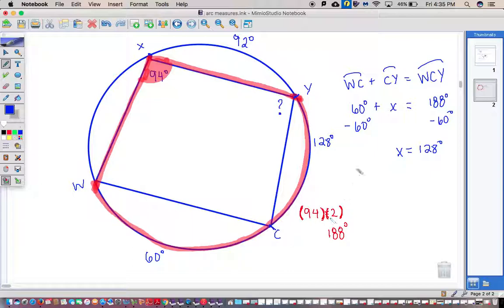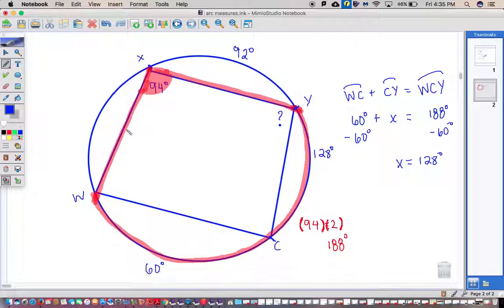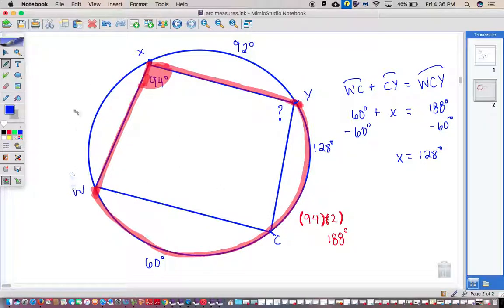Now all the way around a circle is 360. So for this last piece over here, arc WX, we can find it by saying the total is 360 degrees, and that has to equal all of these smaller pieces. Right now we know that we've got 92 degrees and 128 degrees and 60 degrees, and then we have arc WX.